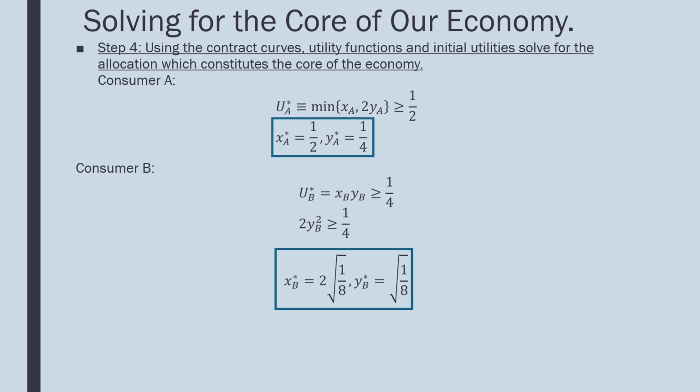For consumer B, we're going to be subbing in our result from our contract curve, and that simplifies to 2YB squared must be greater than or equal to 1/4. Dividing both sides by 2 and taking the square root of both sides, we get that YB is equal to the square root of 1/8, and XB is going to be 2 times the square root of 1/8 there.